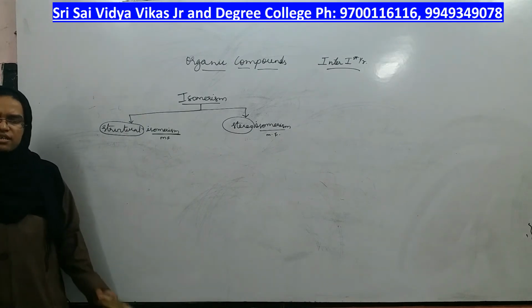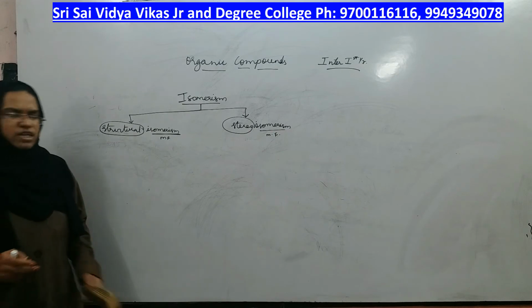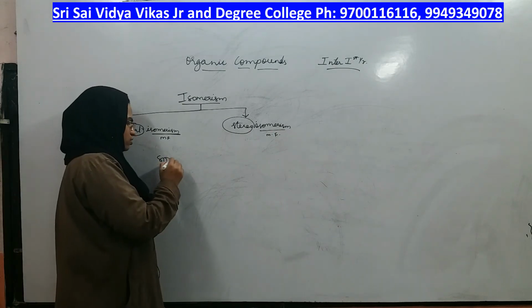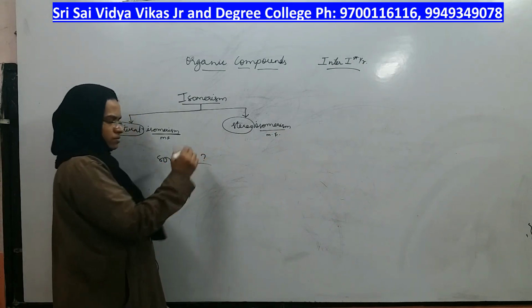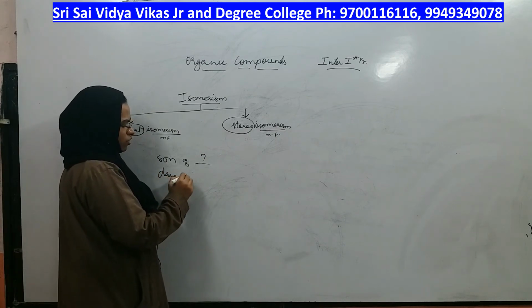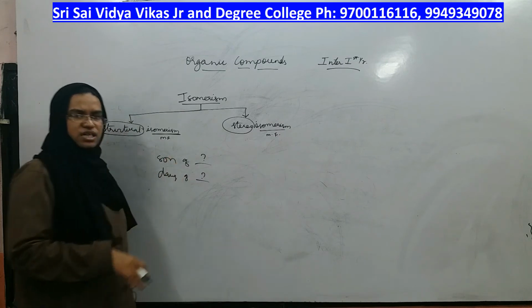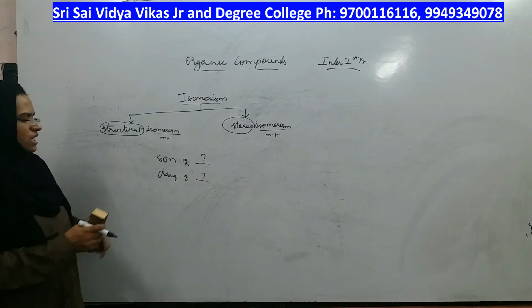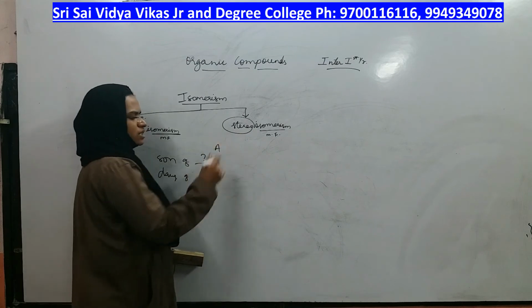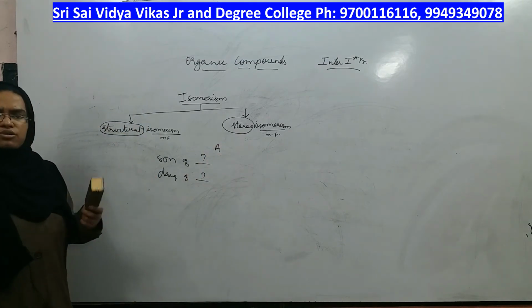Can you say he is the son of and end your statement? No. Whenever you say son, you should also say of whom. Same way with daughter. Simply son or daughter is incomplete. Same way you cannot say that compound A is an isomer. Isomer of whom? Same way, compound B is an isomer to whom?